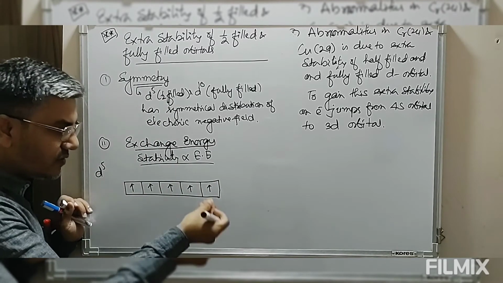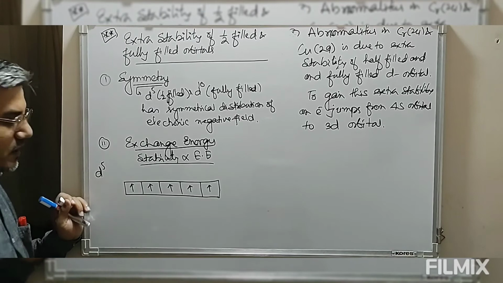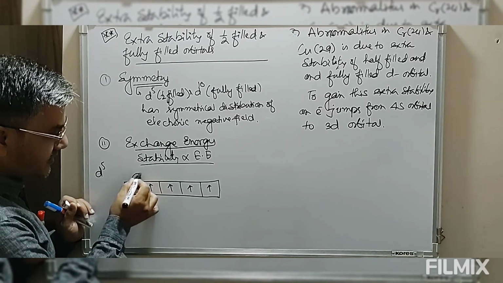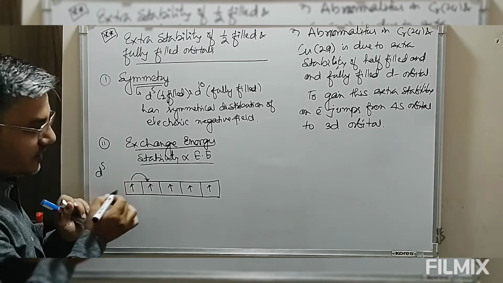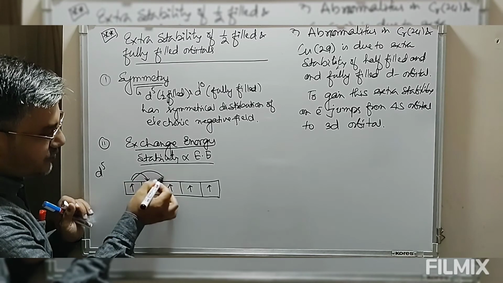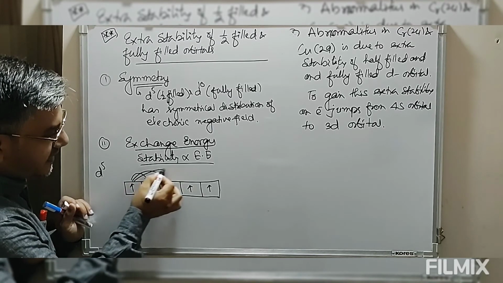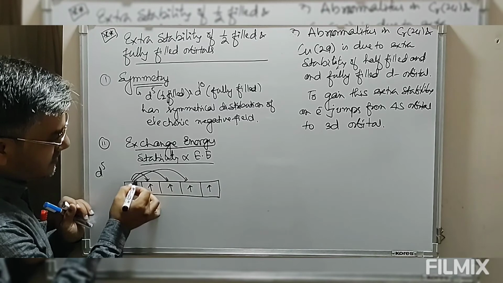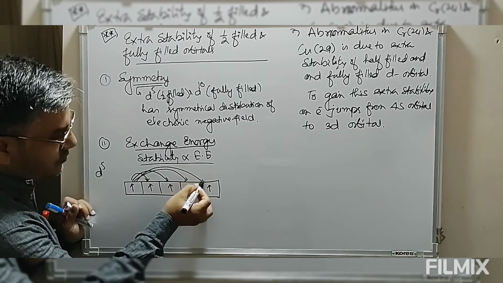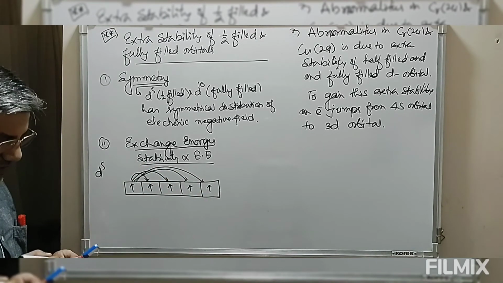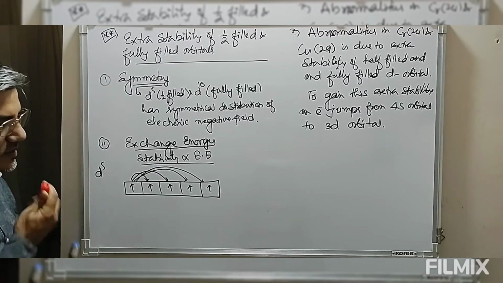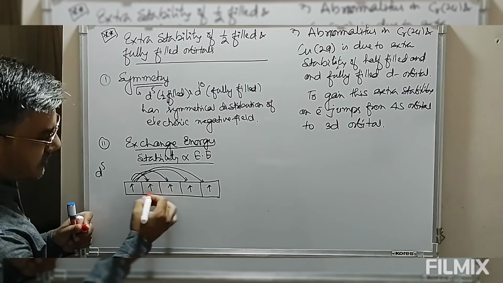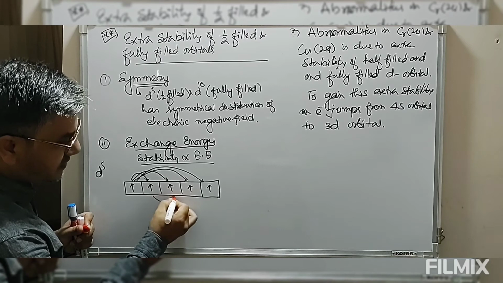So this is the meaning of the possibility of exchange. This electron can exchange its position with this. This electron can exchange with this. This can exchange with this. This can also exchange with this electron. Similarly, look at this: the second electron can exchange its position with this.